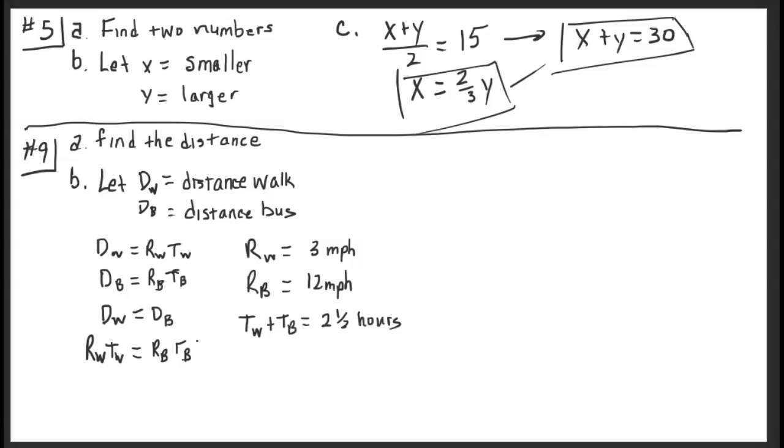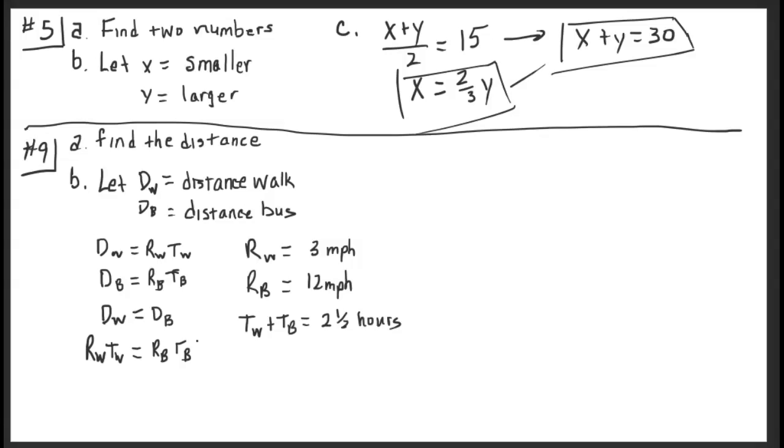Okay? And what did we do? We determined what it was that we needed to find. I let d sub w equal distance walked, d sub b equal distance bus. And then I just remembered that distance equals rate times time. So I set up distance walked equals rate walked times time walked, distance bus equals rate bus times time bus.